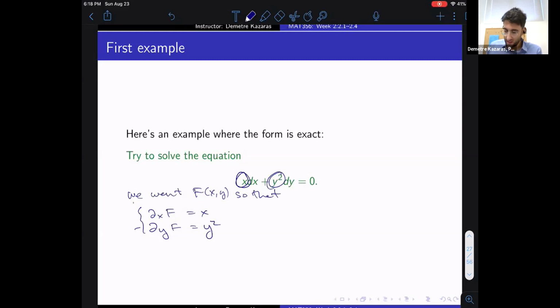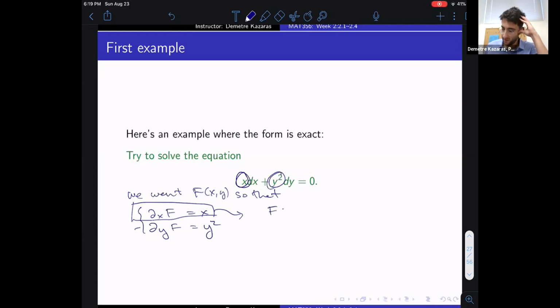Okay, let's take a look. This first equation says the derivative with respect to x of F is x itself. So we want to solve for F. It's trapped behind the derivative with respect to x, so we should integrate with respect to x.